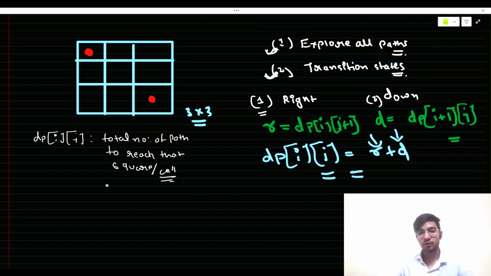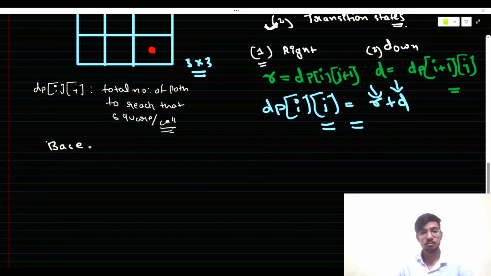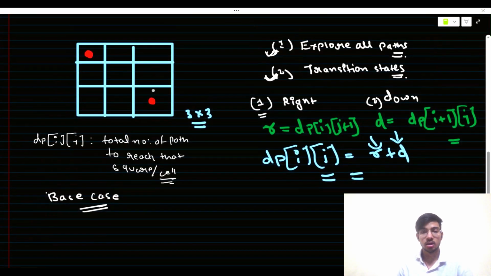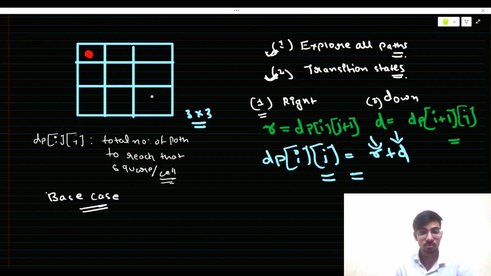Now third thing, we have to define the base case. What will be the base case? You have to start from the bottom right corner square. How many paths to reach here? There is only one path, that is itself, if there is no trap.